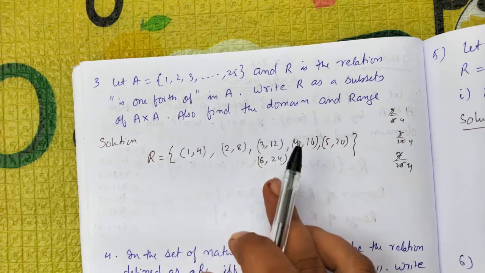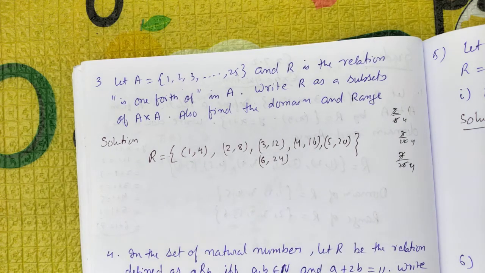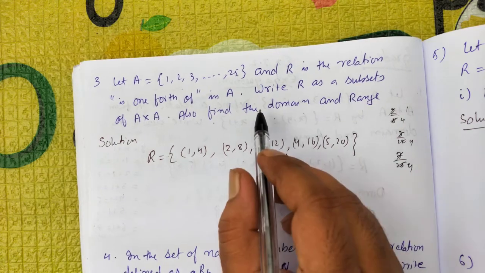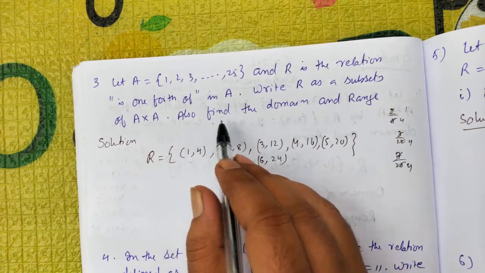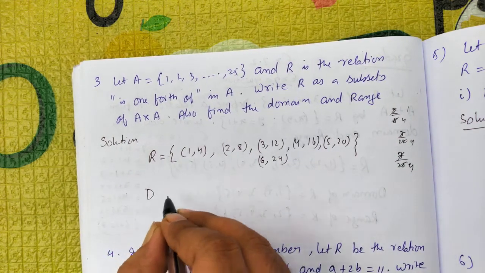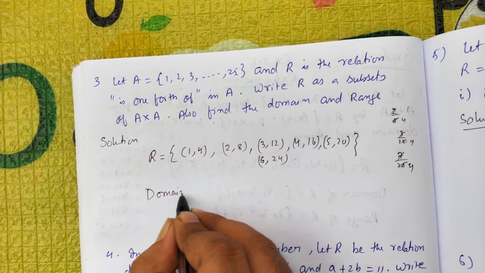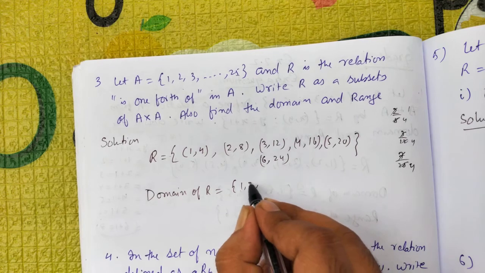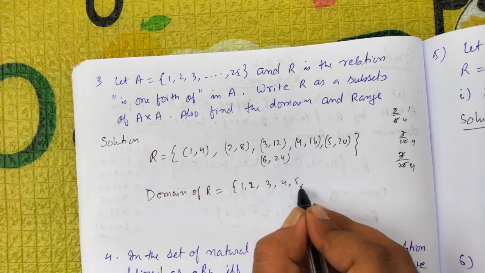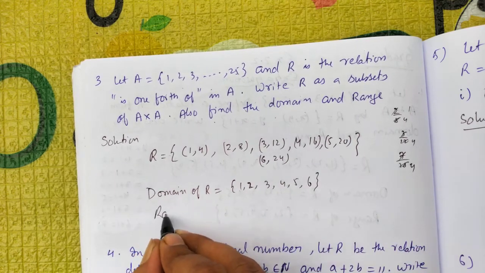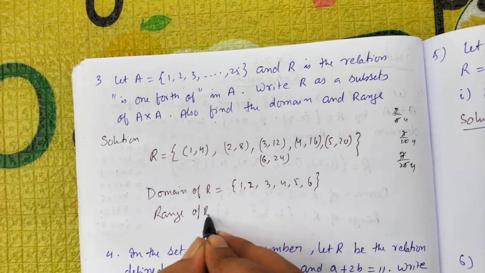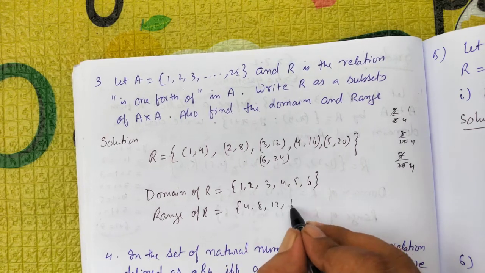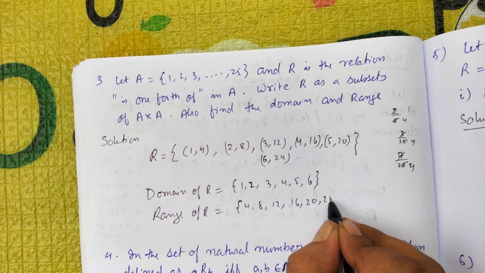So I can use still up to 24. Write R as a subset, and also find the domain and range. The domain and range are easy. The domain is the first elements, that is 1, 2, 3, 4, 5, 6. The range of R is the second elements: 4, 8, 12, 16, 20, 24.